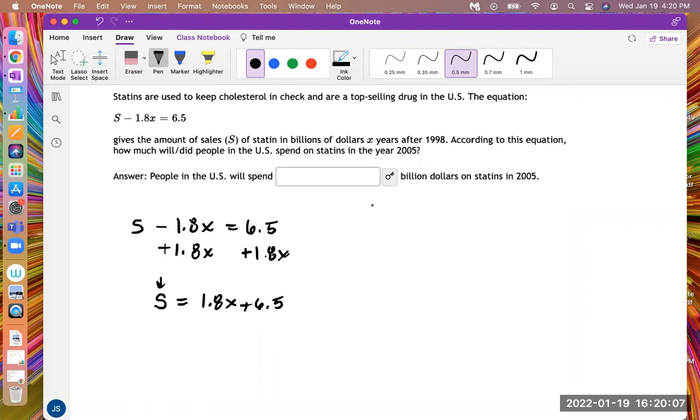So the second step that I would do is I would take this 2005 and find out how many years after 1998 is 2005. So we could do 2005 minus 1998.